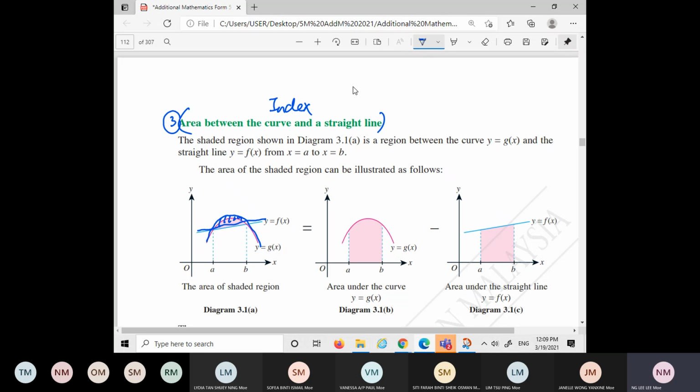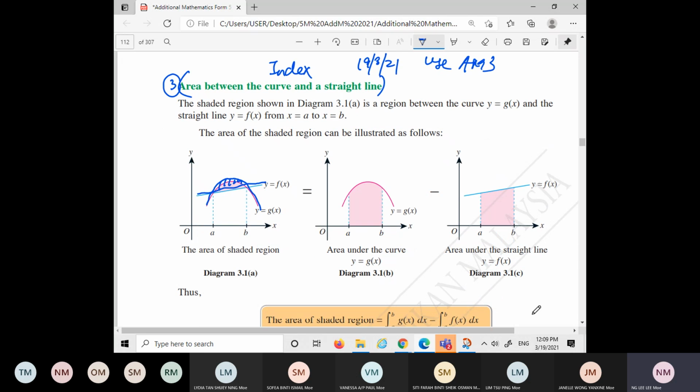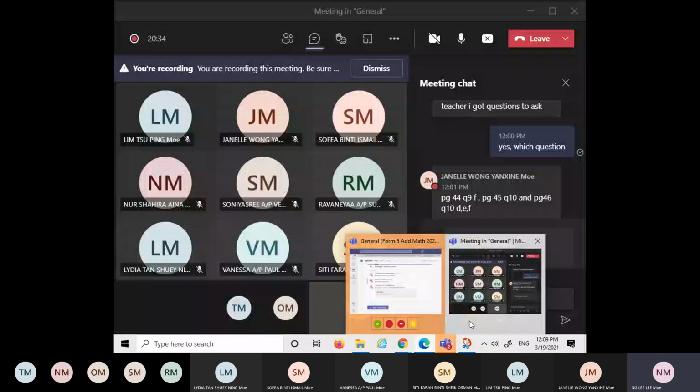Today is the 19th. So still use your MX3. Region here.